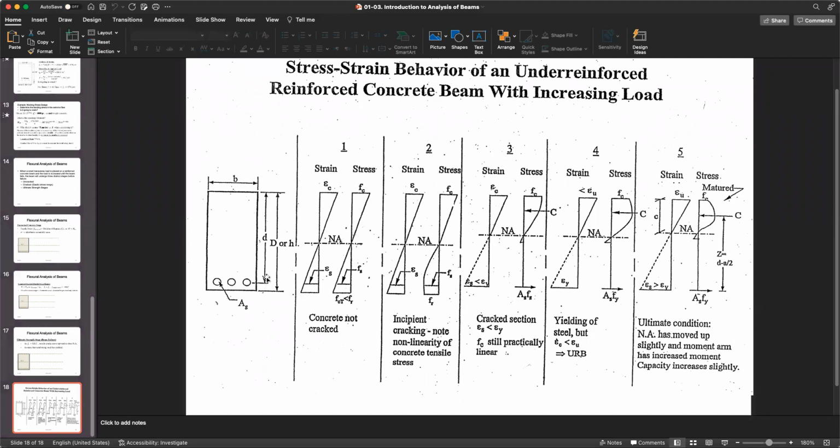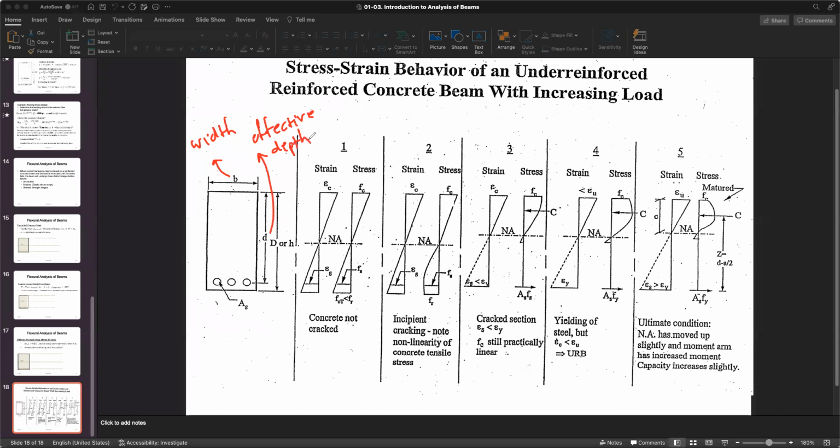As we discussed before, this is your width, this is your effective depth, and this is the height of the section. This is a steel cross section.